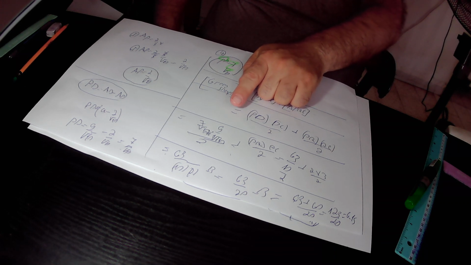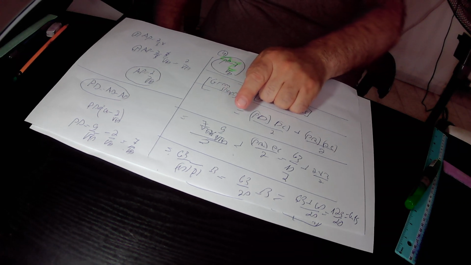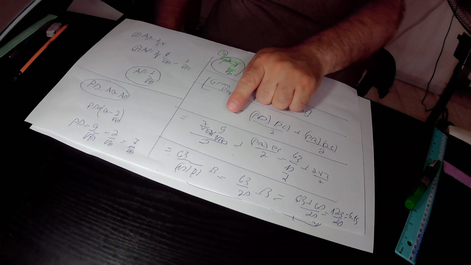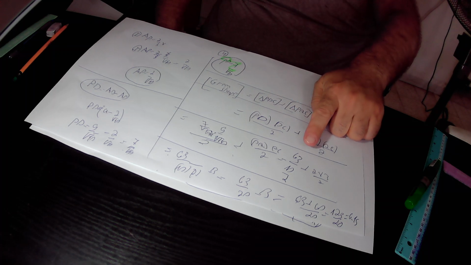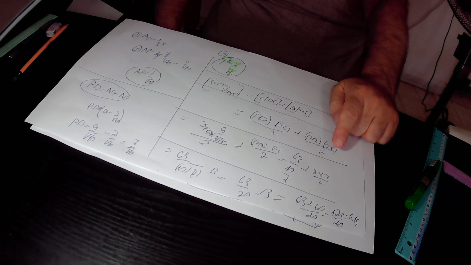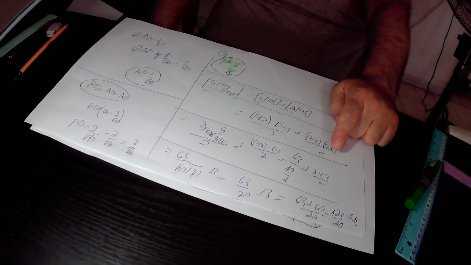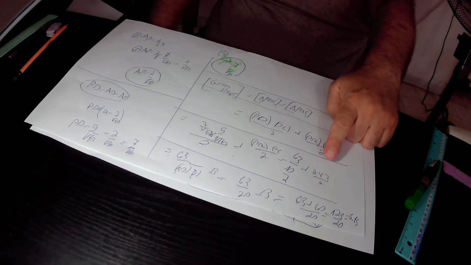7 times 9 is 63, square root of 10 times square root of 10 is 10, so in total this expression equals 63 over 10 over 2, plus the area of right triangle PQC, that is 2 times 3 over 2. We have 2 in the denominator and 2 in the numerator, so the 2 gets cancelled, and we are left only with 3.